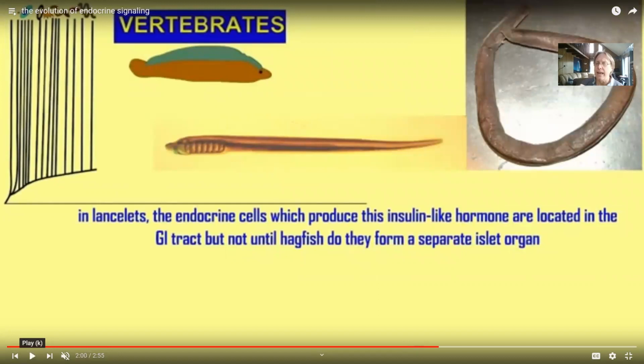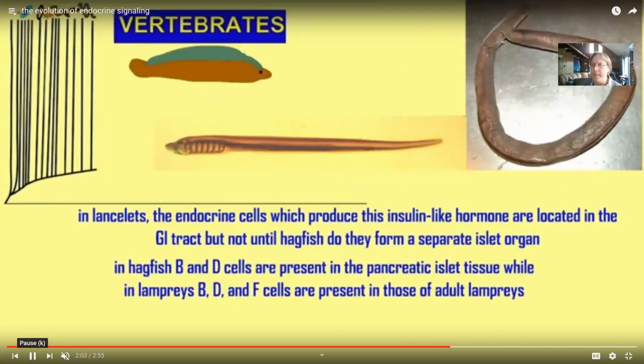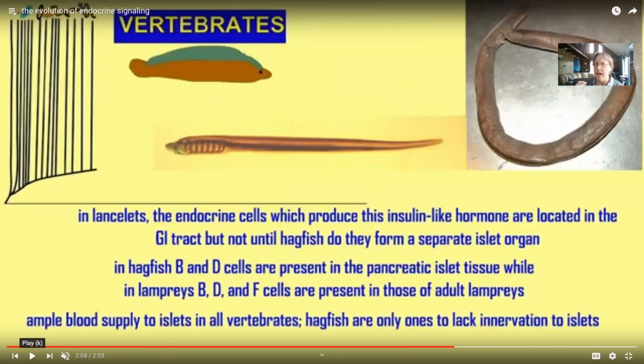Later ones then are not only making insulin, but they're making it from cells along the gastrointestinal tract. And then there are clusters of cells known as islets, which then make insulin, and then still later this is incorporated into the pancreas.